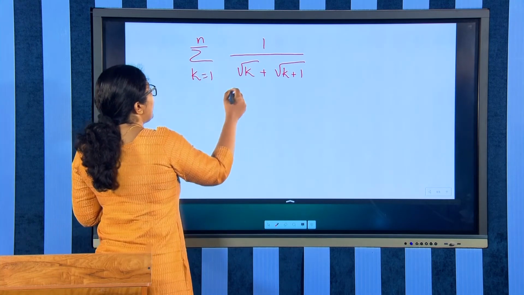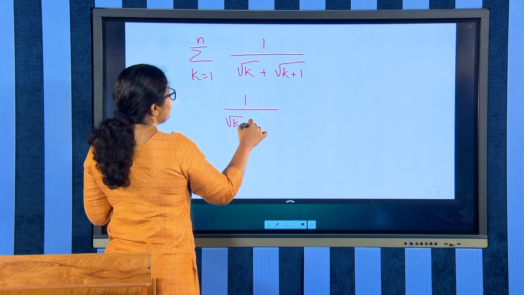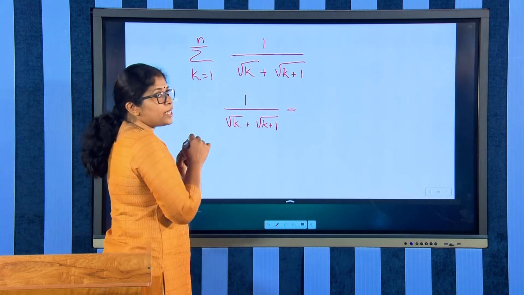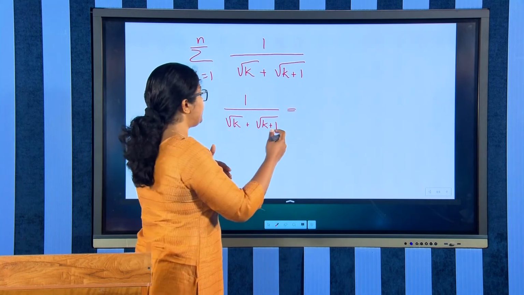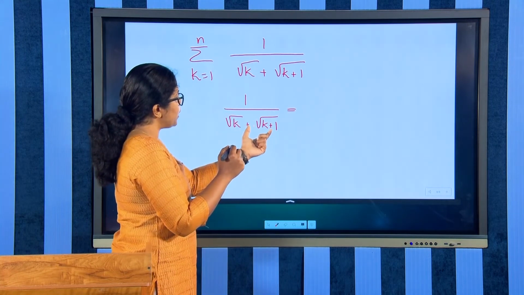So, we can write the nth term as 1 by root k plus root k plus 1, which is made equivalent by taking the conjugate multiplication. The conjugate is root k minus root k plus 1.